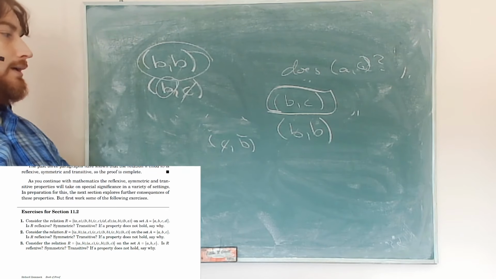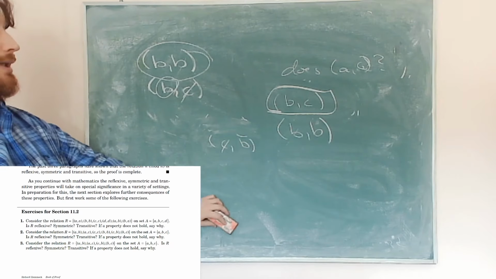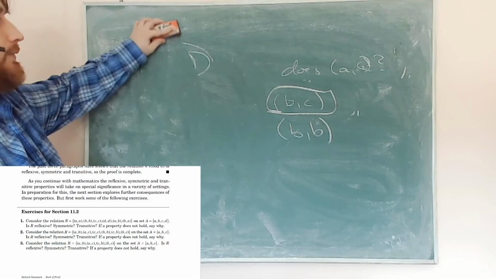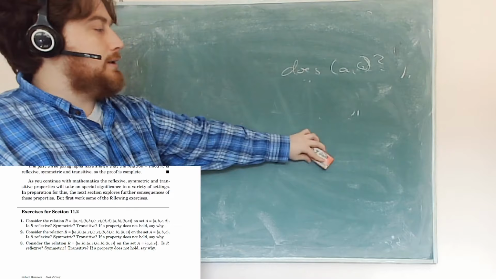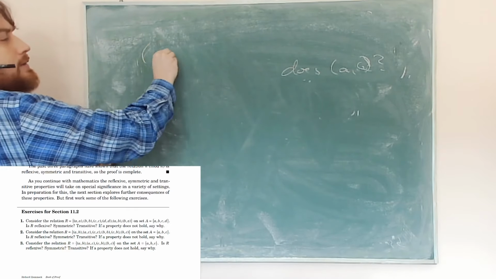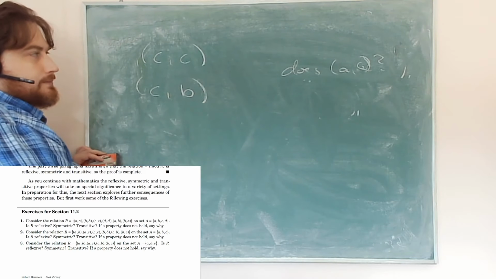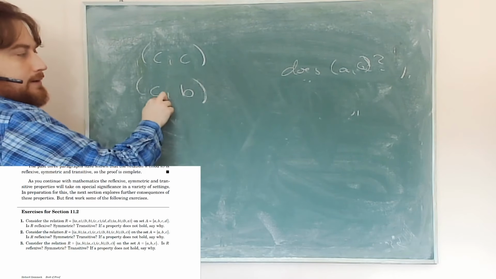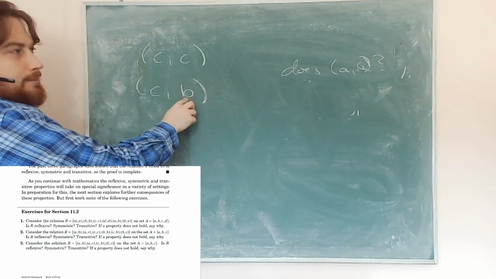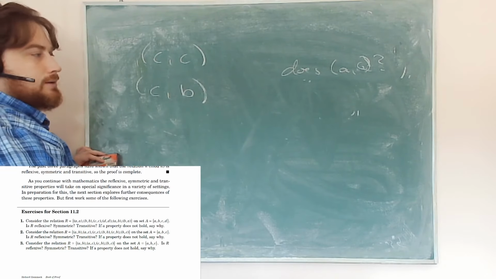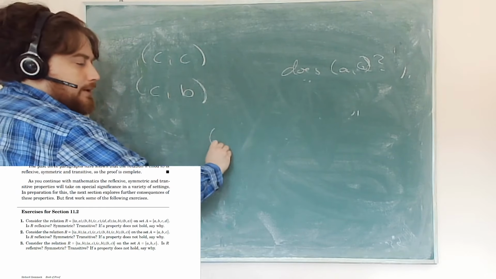So I started with A, then I started with B. We're satisfying this transitivity so far. Next, I'm going to start with C. And for C, I have CC and CB. If I look at CC and CB, that just says, is CB in there? Yes, it is. Then I can move on and say, well, what is B related to?